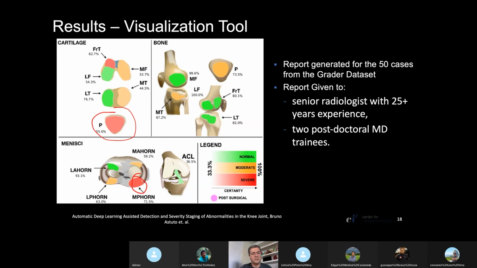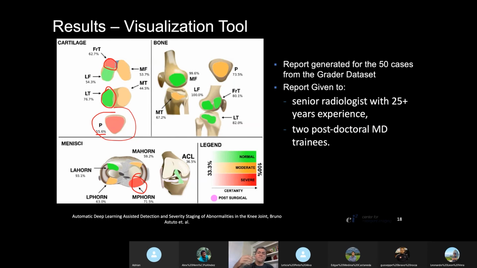It's 55% sure that it's a severe lesion. Here it's pretty sure it's not. There is no lesion. It's a normal tibia, and here it's somewhat sure that it's a severe lesion in the trochlea, for example.